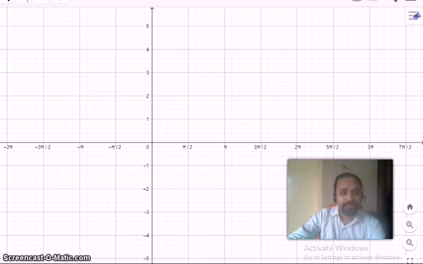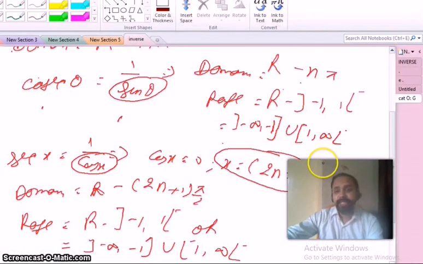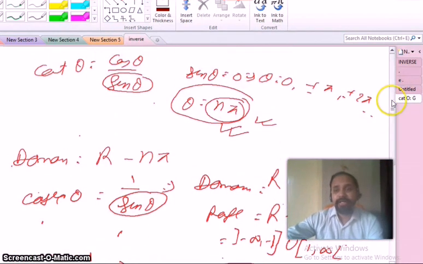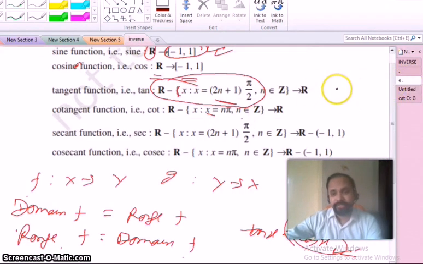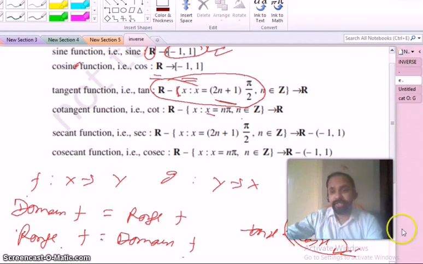So we have shown the graphs of all trigonometric functions, and we have seen the domain and range of trigonometric functions. Now next we come to the inverse trigonometric functions.